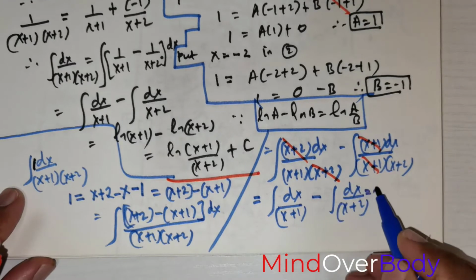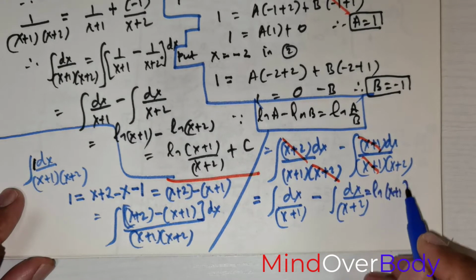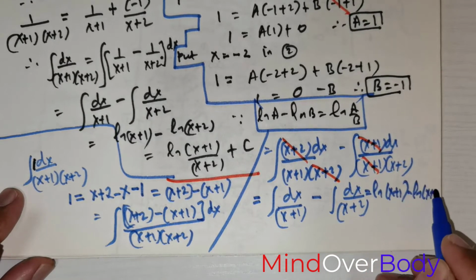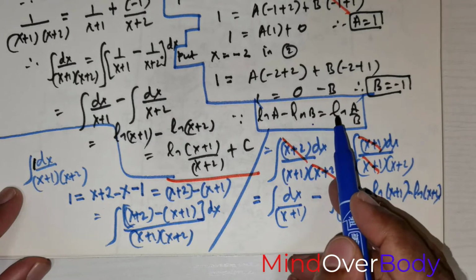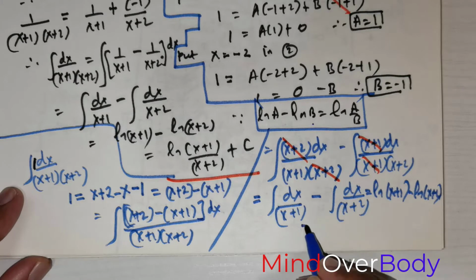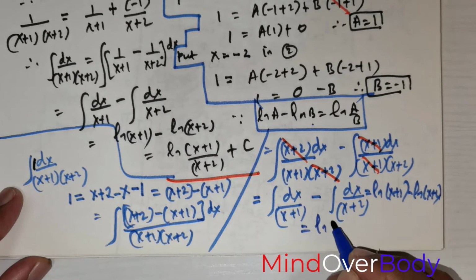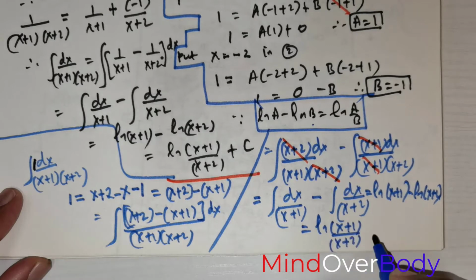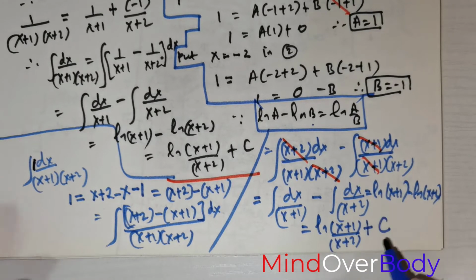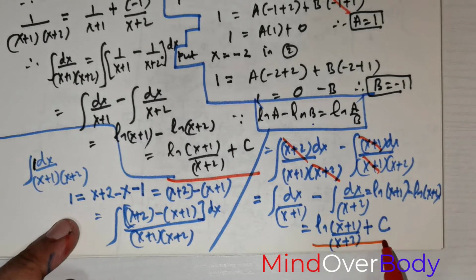Upon integrating, this gives ln(x+1) minus ln(x+2). Using ln a minus ln b, which is ln of a over b, this is rewritten as ln of (x+1) over (x+2) plus the arbitrary constant c. So this is the final solution.